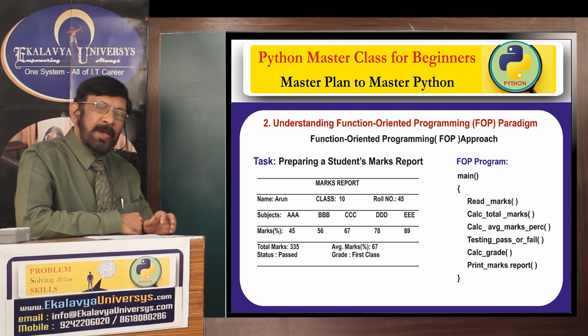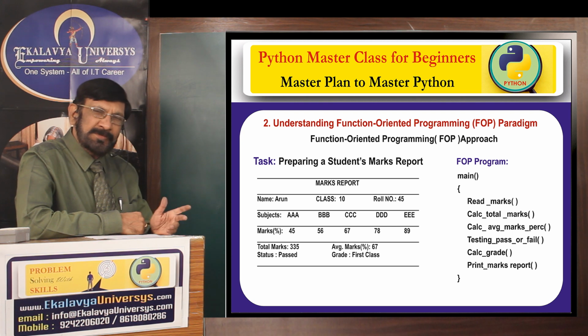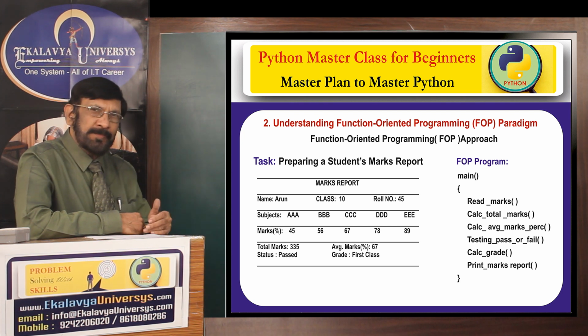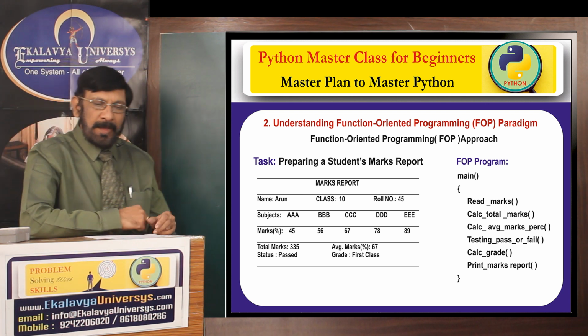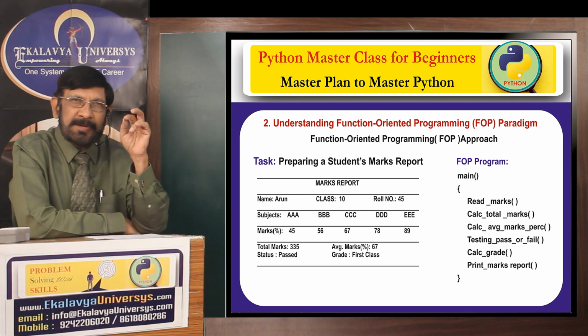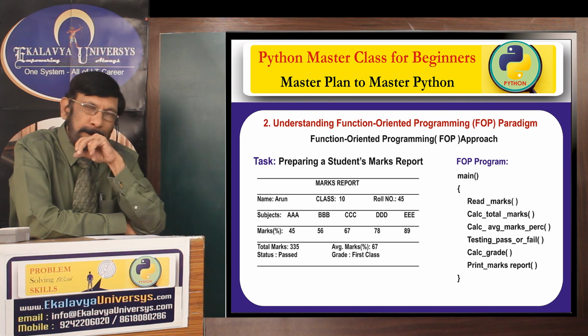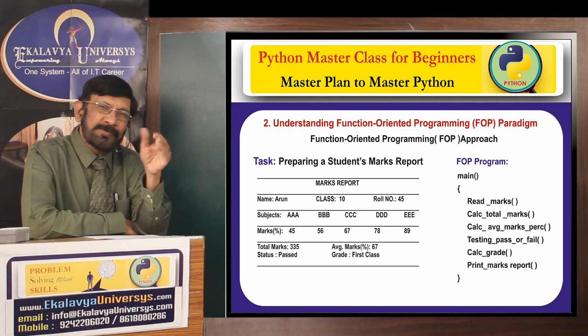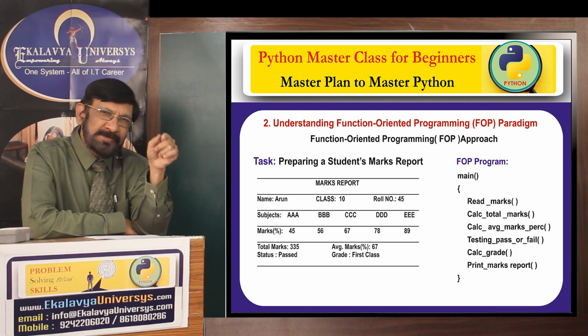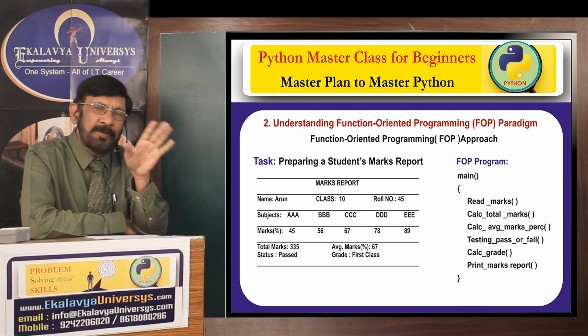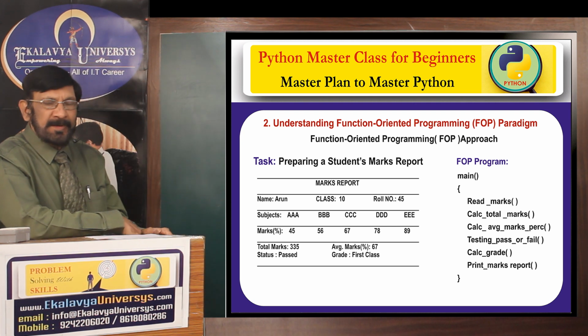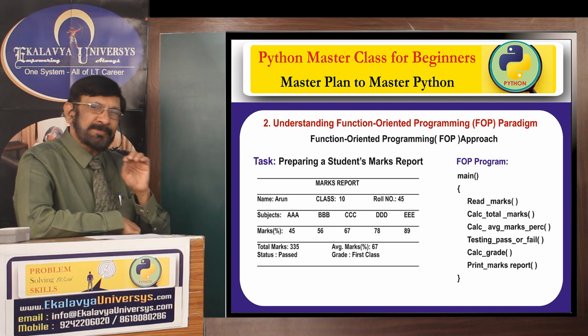Thereafter, we have to calculate average marks. Average marks, percentage, means total marks divided by the number of papers. That's the third subtask. Fourth one is testing pass or fail. If you want to give a grade to the students, what do you have to do? If the student passes in all papers, then only he or she is entitled to a grade. So test pass or fail.